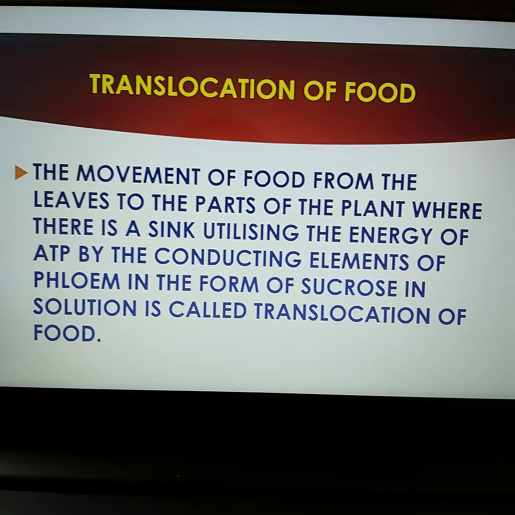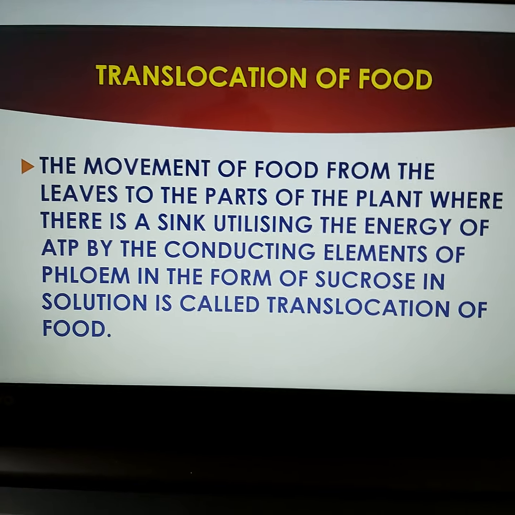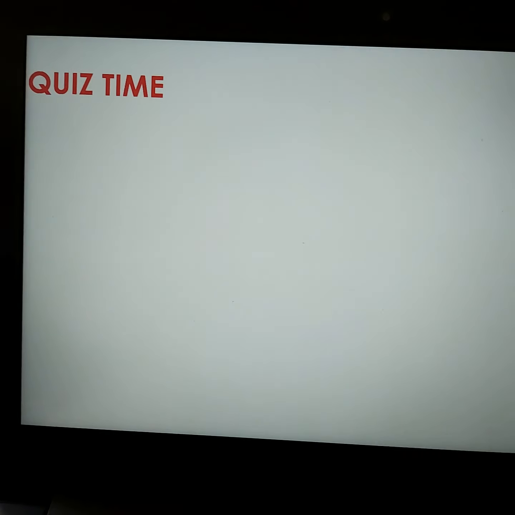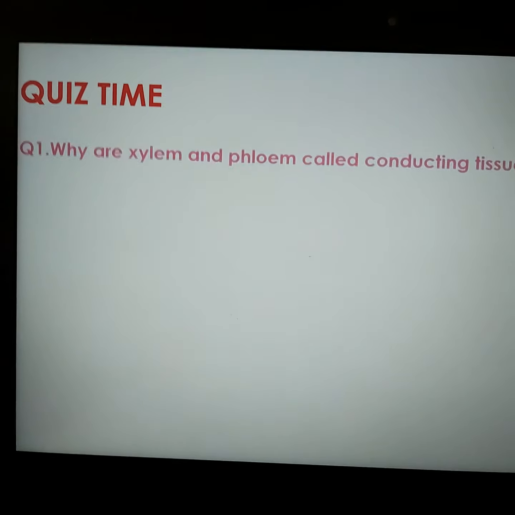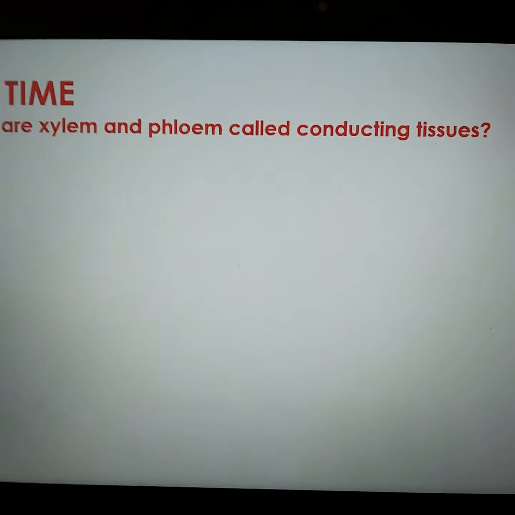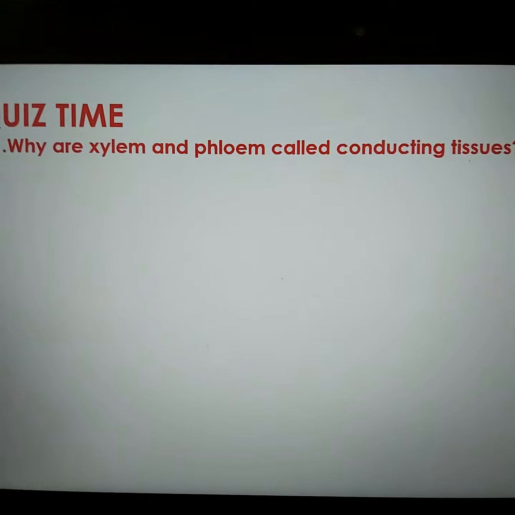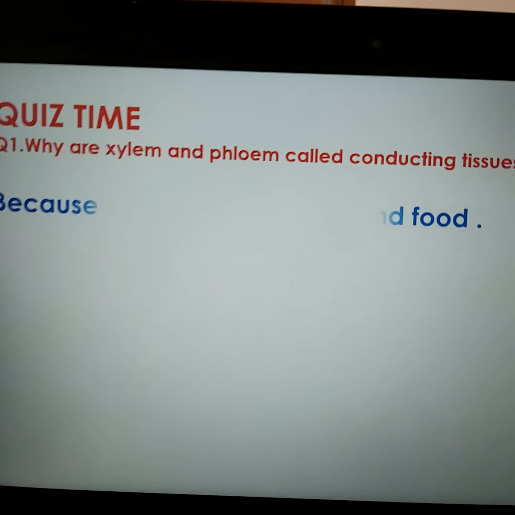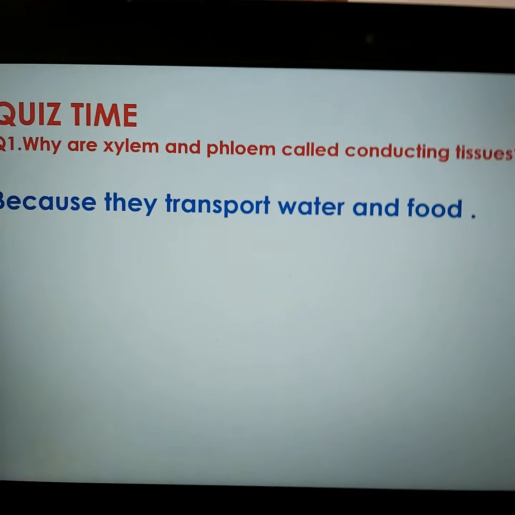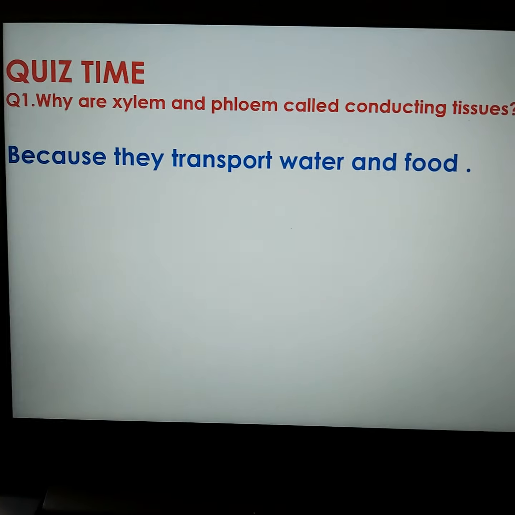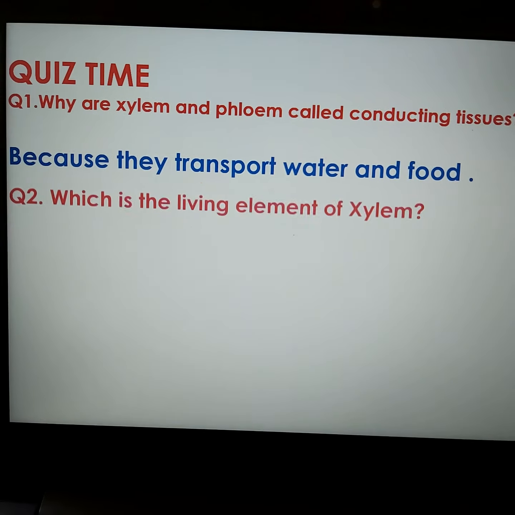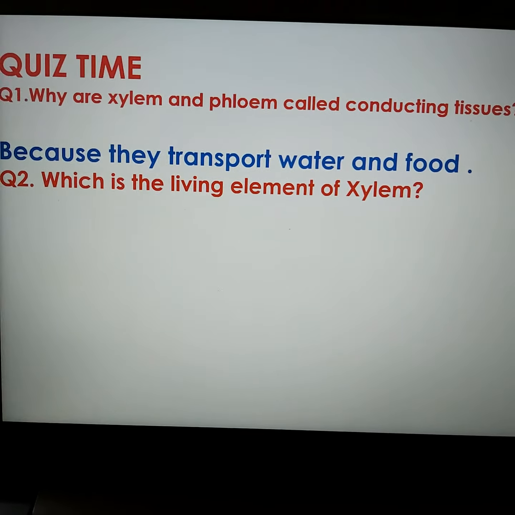So this finishes your topic transportation in plants, and let us have a short quiz time to recap. Why are xylem and phloem called conducting tissues? Obviously because they conduct water and food within the plant. Which is the living element of xylem?